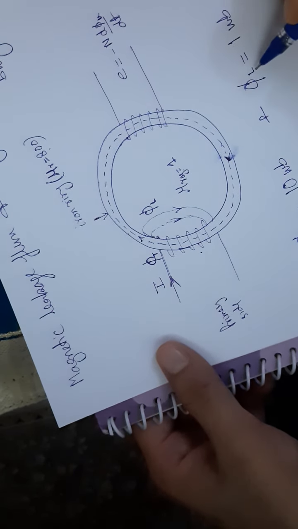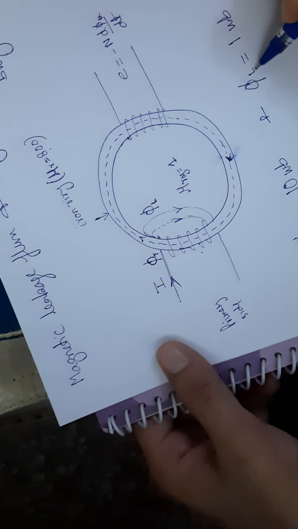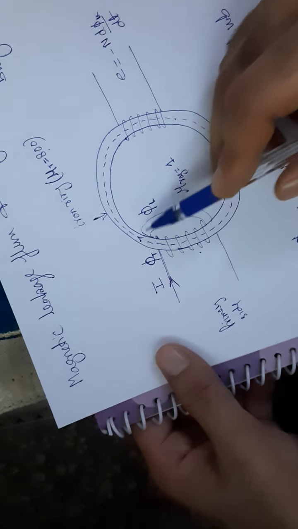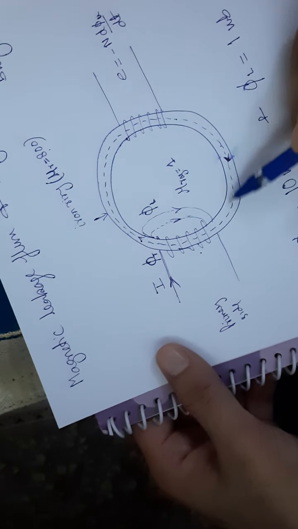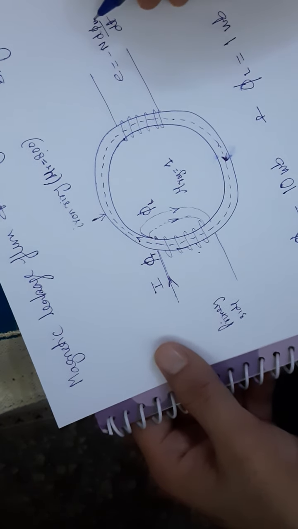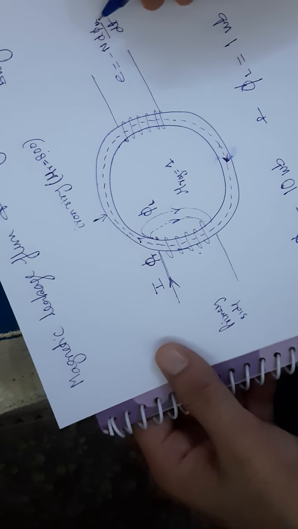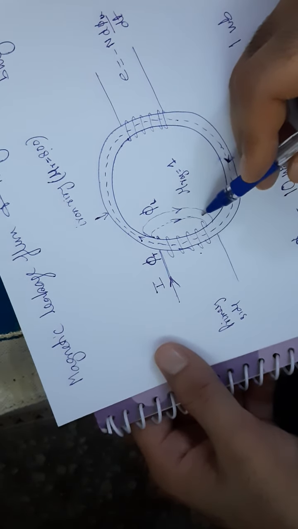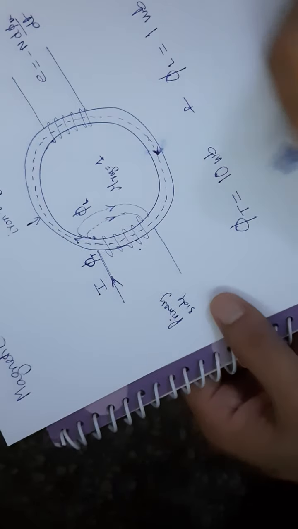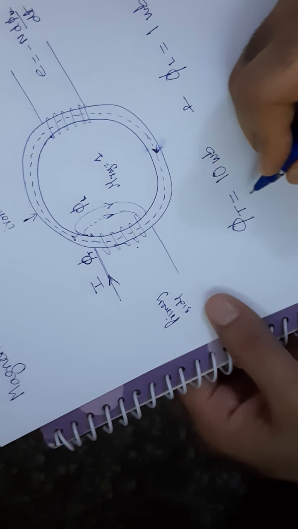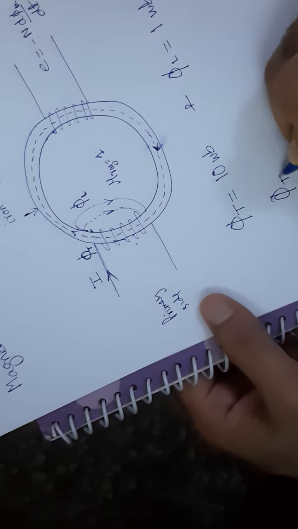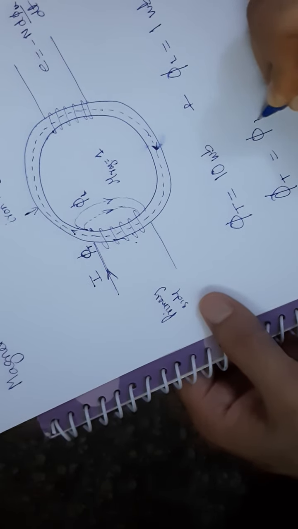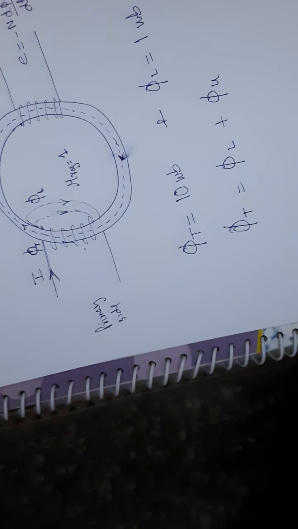The flux which flows through the intended path through the iron ring is called useful flux, phi u, and the flux that flows through the air is called leakage flux, phi L. Under any condition the total flux should remain constant, meaning phi total equals phi leakage plus phi useful.